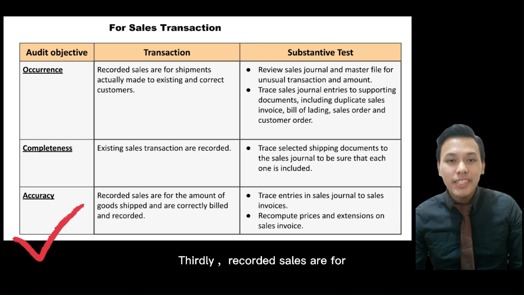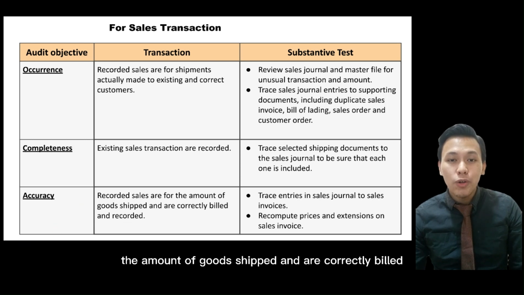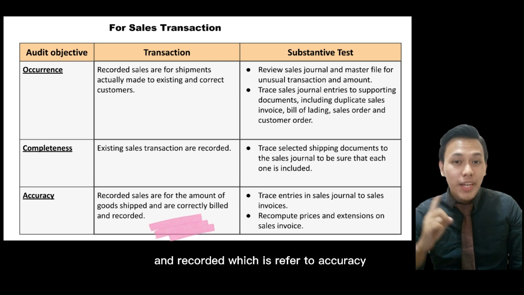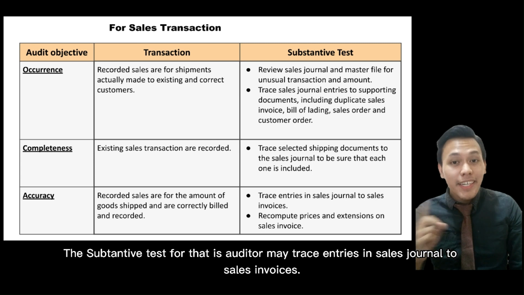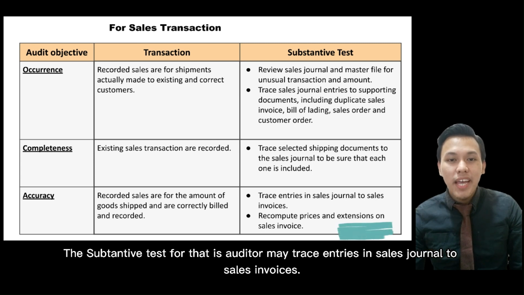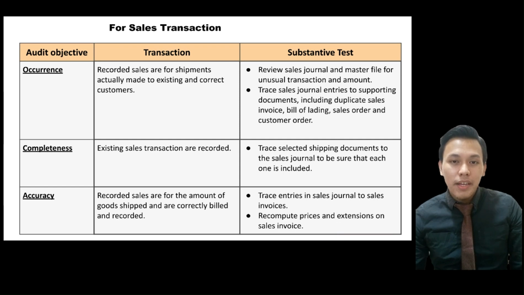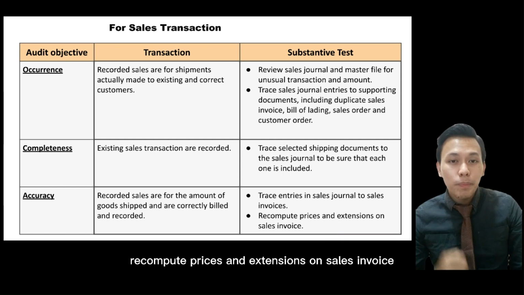Thirdly, recorded sales are for the amount of goods shipped and correctly billed and recorded, which is referred to as accuracy. The substantive test for that is the auditor may trace entries in the sales journal to sales invoices. Also, recompute price and extension on sales invoices.